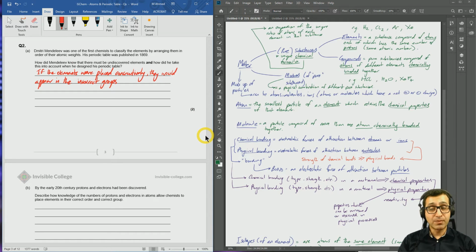It was the fact that some elements seem to have the same chemical and physical properties, and so he put them into the same groups, thinking that there must be some kind of order to all of this. Now, if you place them consecutively without the gaps, the elements would appear in the incorrect groups, i.e. have incorrect properties. So that would be the first thing that you could describe in your answer.